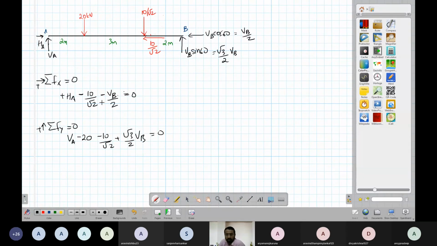So if you want to simplify this further, this equation is same as HA minus 0.5 VB equal to 10 by root 2. 10 by root 2 I can write as 2 into 5 by root 2. So this will cancel, and root 2 will remain. So this is equal to 5 root 2. Okay.